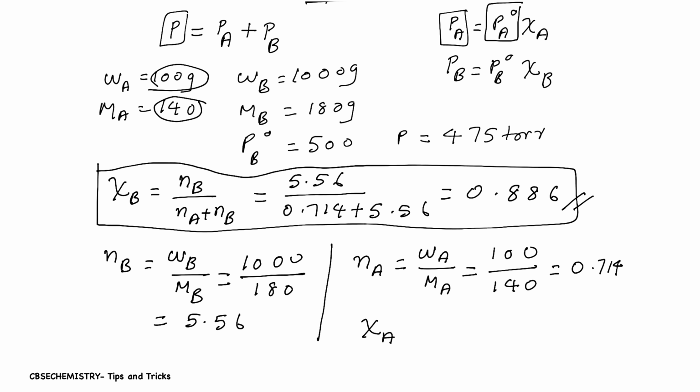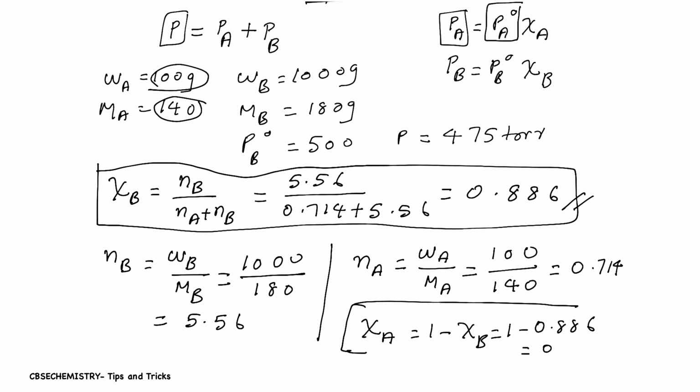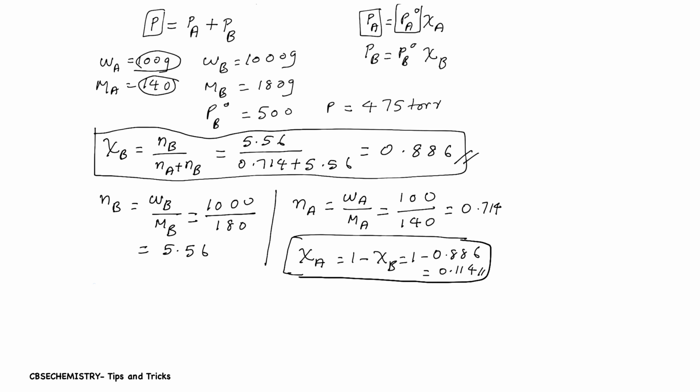We know chi A is equal to 1 minus chi B. So what is that? 1 minus 0.886. And you will get 0.114. So chi A value is 0.114. Chi B value is 0.886.